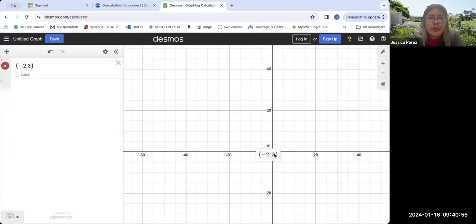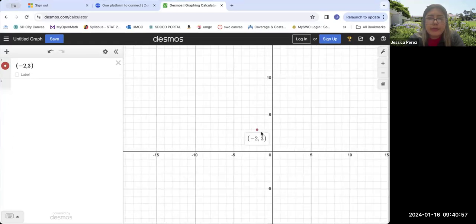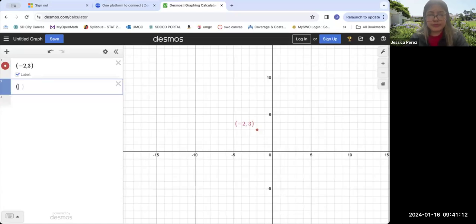From here, I'm going to go up 5. So from this point, up 5. Let me label. So it's 1, 2, 3, 4, 5, and then 1. So there's my other point at (-1, 8). How did I get (-1, 8)?